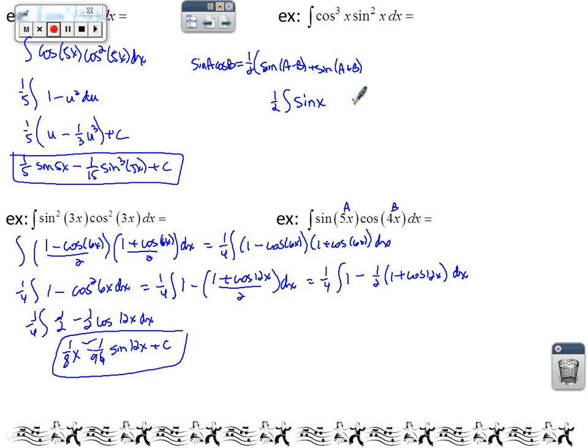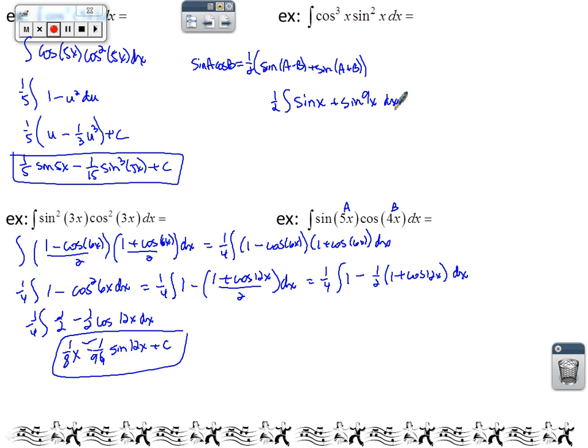Then I have sine A plus B. Again, this is a formula. I'm just using a formula. You'd have to know the formula to be able to do this. Sine A plus B. So 5x plus 4x would be 9x. So this would be plus sine 9x. Okay? Now that's going to be way easier to integrate.